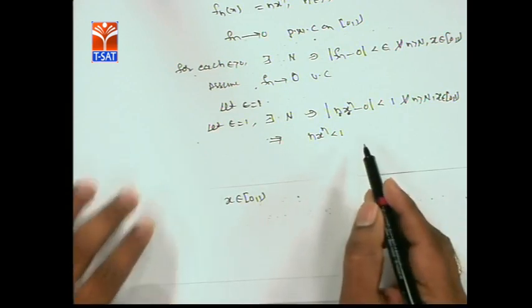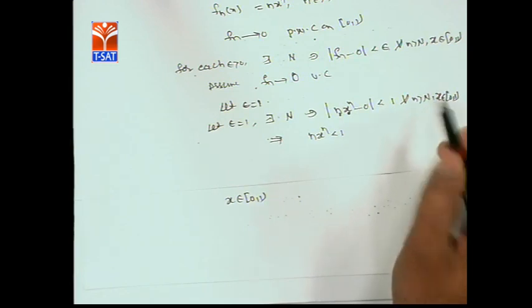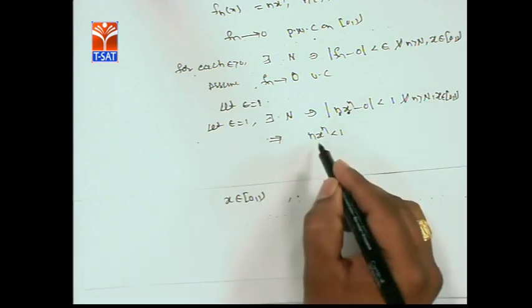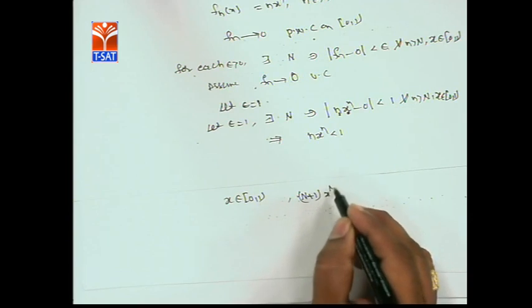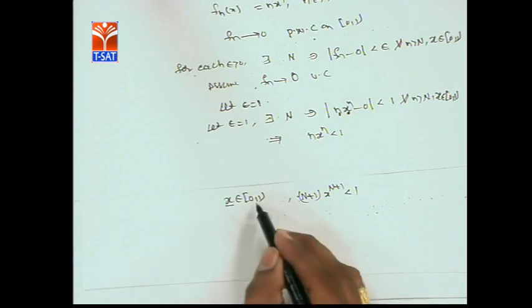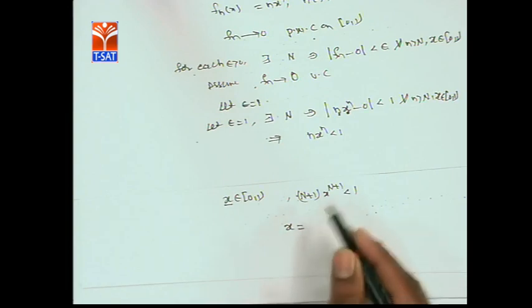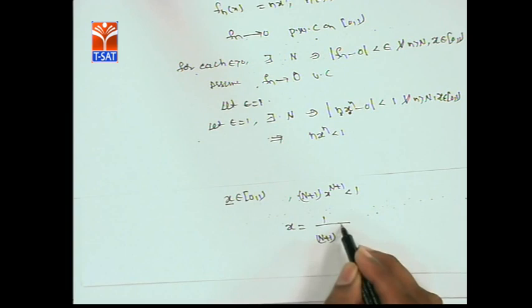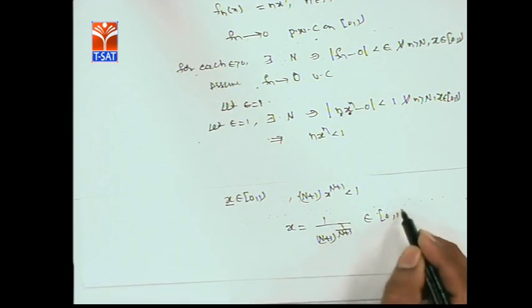Now, suppose n is a natural number, in particular capital N plus 1, such that N plus 1 into x to the power of N plus 1 is less than 1. Suppose if you take x in [0, 1), assume that x is equal to (1 by N plus 1) whole to the power of 1 by N plus 1, which belongs to [0, 1).